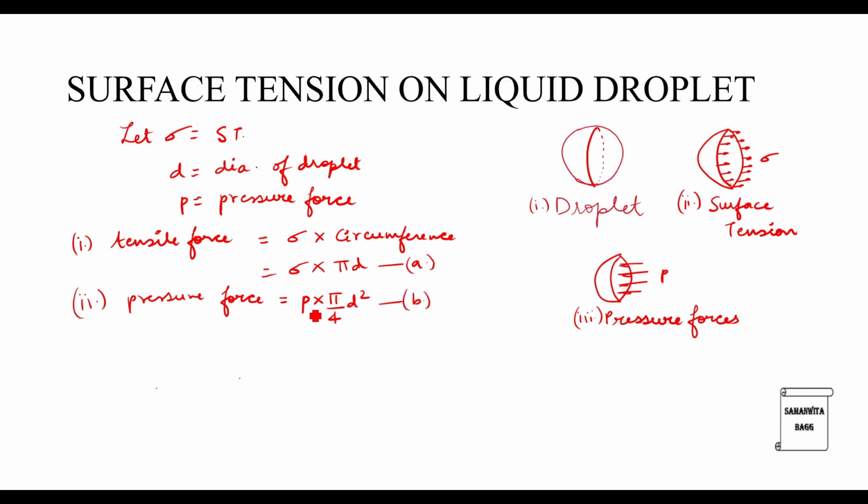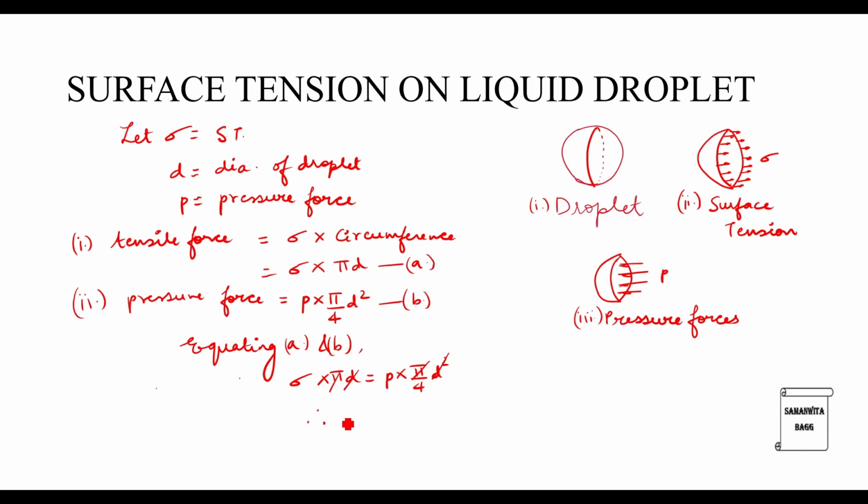Now when I equate A and B, for equilibrium condition, obviously, this will be sigma into pi d is equal to p into pi by 4 d square. This pi gets cancelled out, one diameter gets cancelled out.